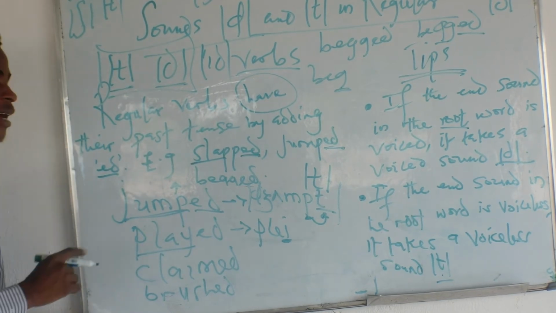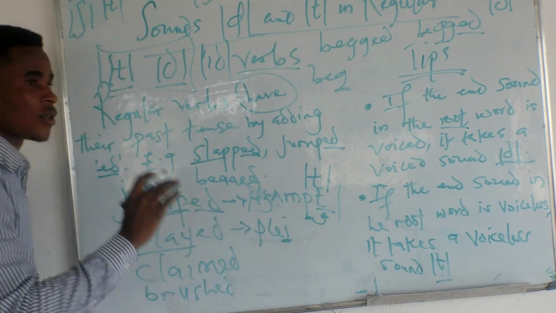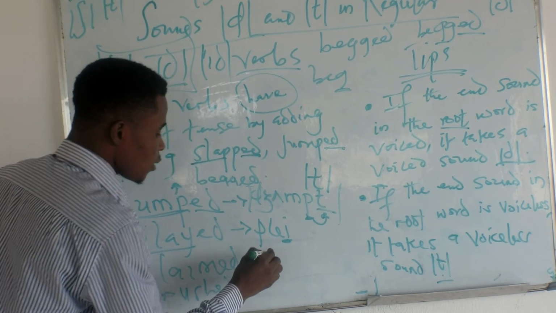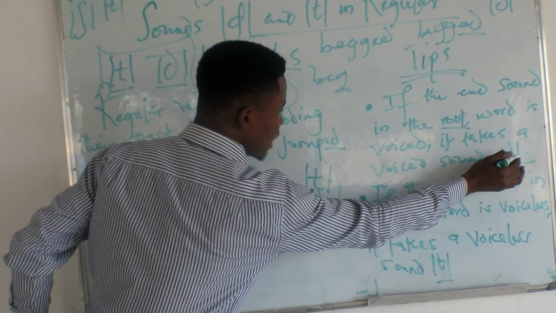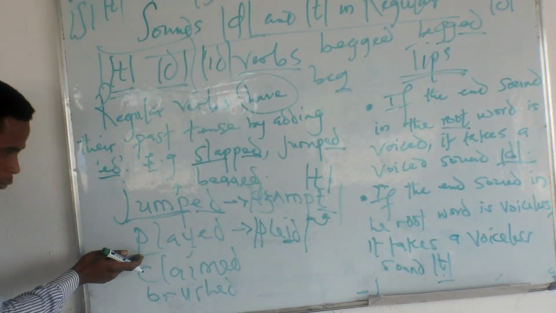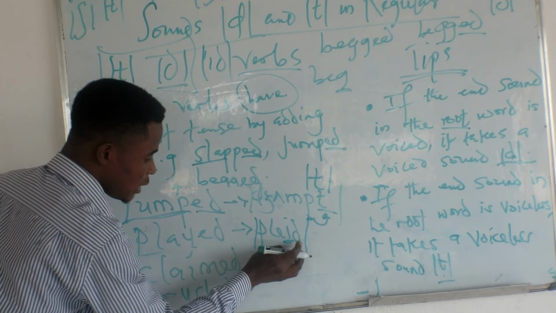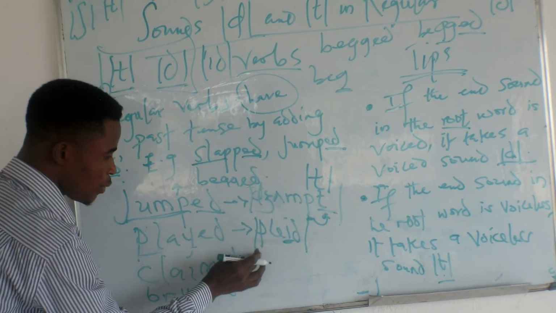And I said in the last video that all your vowel sounds are voiced. So, since this is voiced, it attracts to itself voiced d. Then I have this as a transcription for the past tense. So we have played. Here we have jumped. Here we have played.